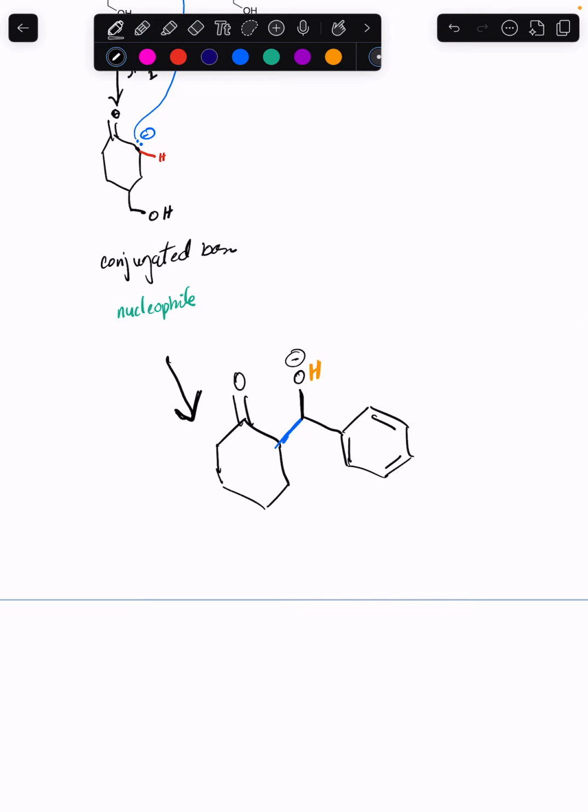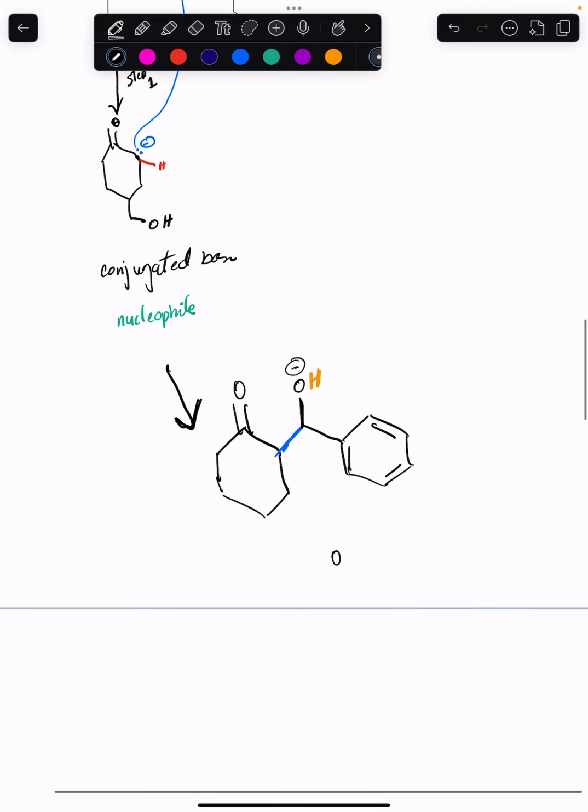Now, as you have the presence of another base right here, the lone pair on the oxygen will be attacking, oh, I forgot to draw our alpha hydrogen. The other one will be attacking this hydrogen.